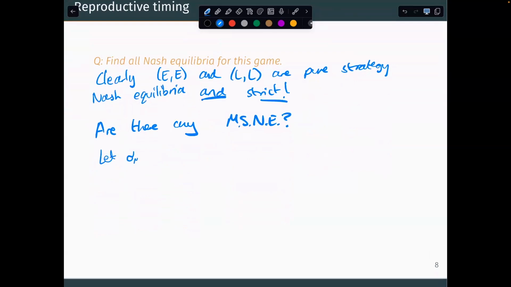Let sigma I be the probability that individual I, so that I could be male or female, plays or chooses to mate early.